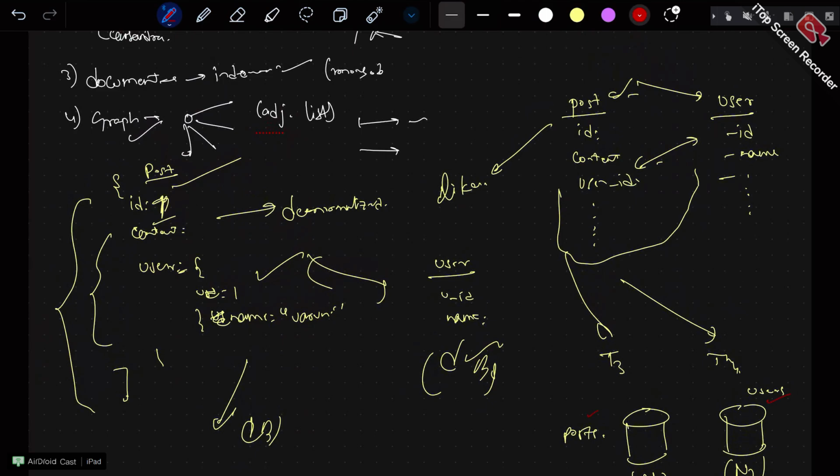You will query this database first, then join the users table, but the users table is not there inside this. You have to query the users data inside the other one. So you have fetched your post data from here, d1, and your users data from here, d2, and now you are going to join it.